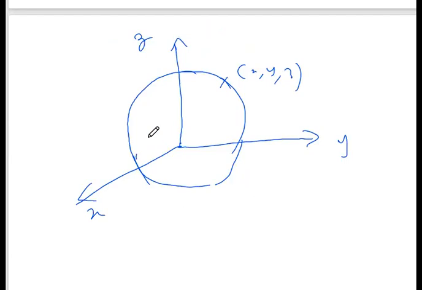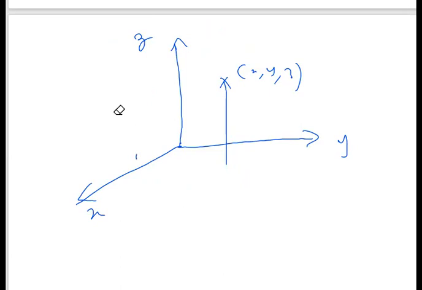Spherical. Let's write. I drop a projection, a perpendicular to the XY plane. Okay, I remove that sphere, otherwise this drawing becomes a mess. So this is a perpendicular to the XY plane.